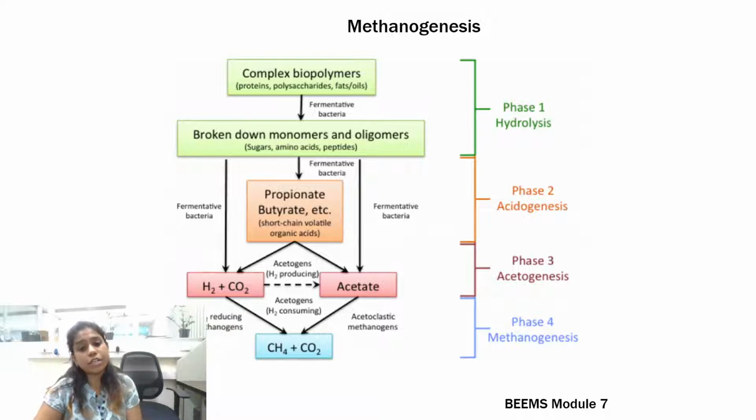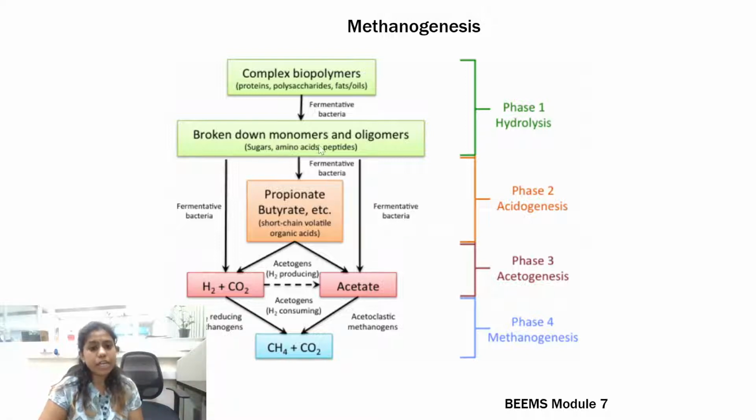And another fermentative bacteria can also convert these monomers and oligomers to even smaller organic compounds such as butyrate and propionate. This process is called acidogenesis. So these propionic acid and butyric acid are formed from these sugars and amino acids, again by another fermentative bacteria.